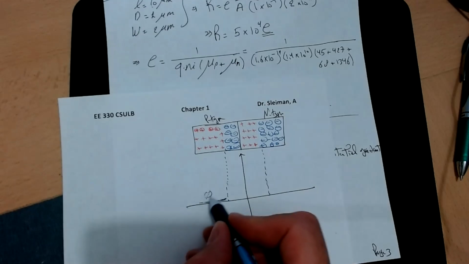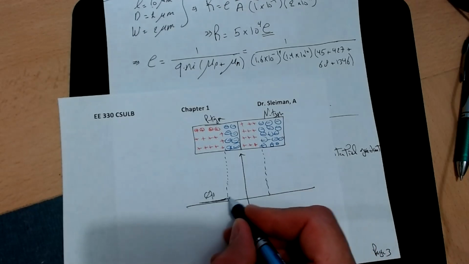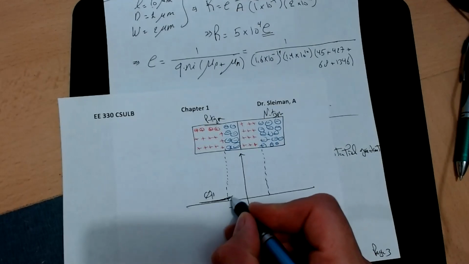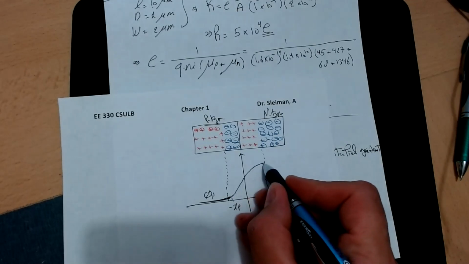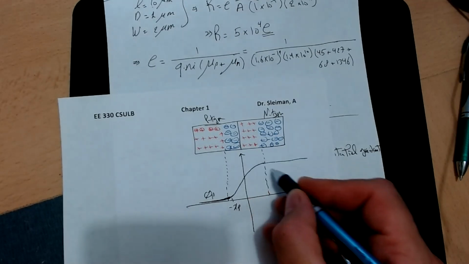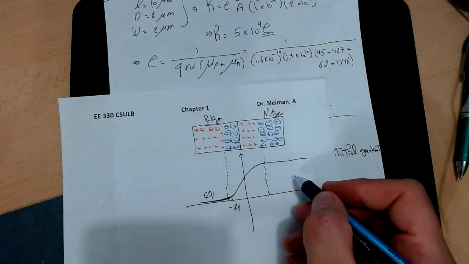This is Vp. And after a certain period, which is negative xp, the potential starts to build up to the point that we call the built-in potential.